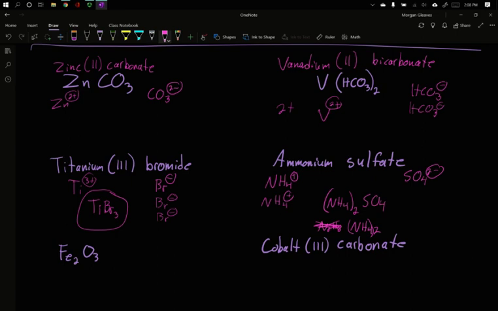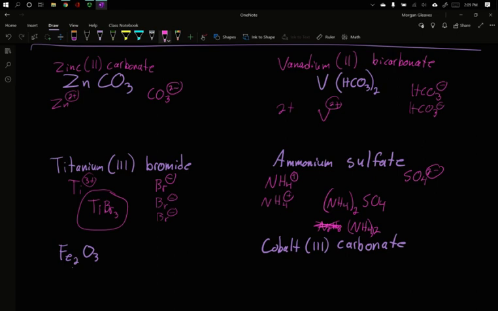Since I only have a single SO4, I don't need parentheses on it. Should I have had some molecule that required multiple sulfates, then I would have put sulfate in parentheses with the number of sulfates after it. You don't have to do that for one of an ion. And so (NH4)2SO4, ammonium sulfate.